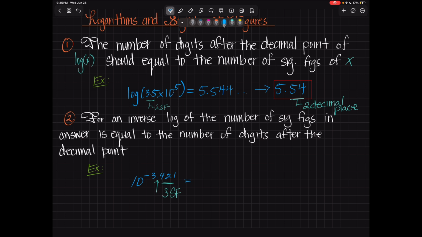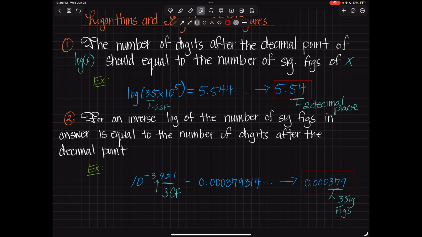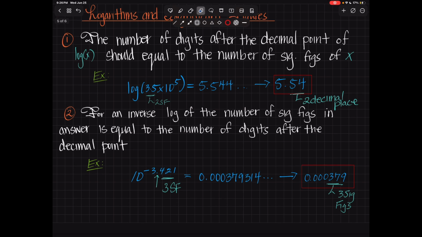If you were to punch this into a calculator, you get this big calculator answer, and you're going to convert that to sig figs. Since you have 3 here, it's real simple. You're going to convert this down to 3 sig figs. So that's how you do sig figs with logarithms and anti-logarithms, or inverse logs.